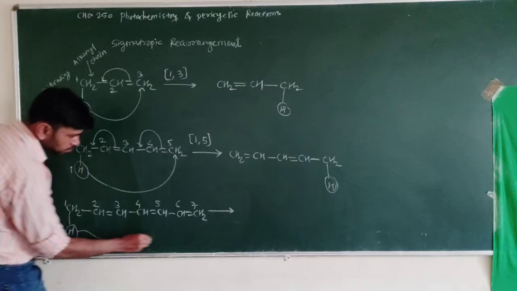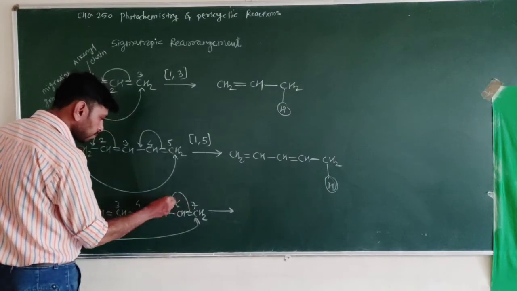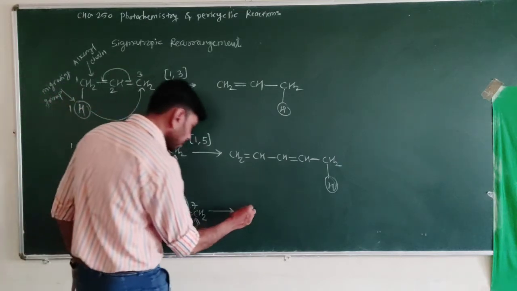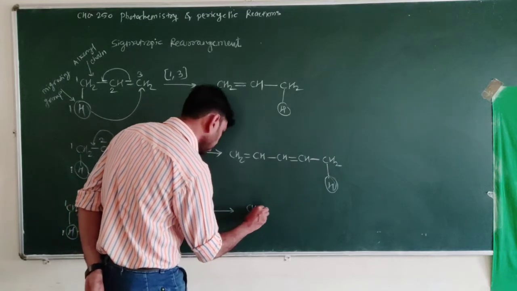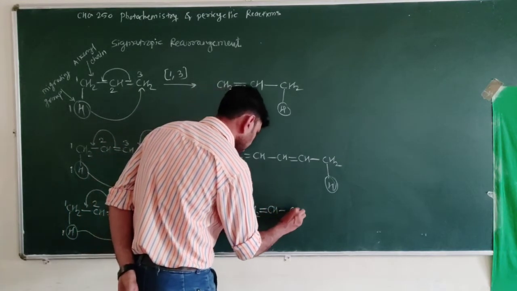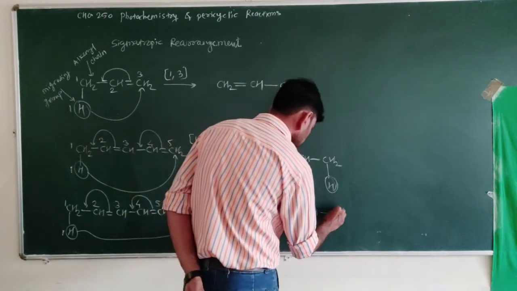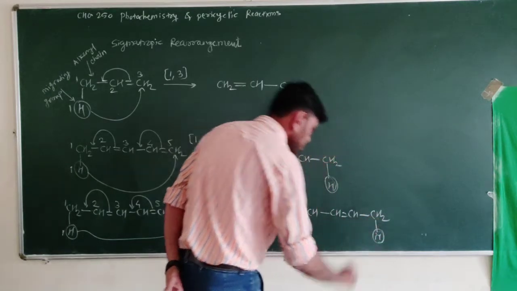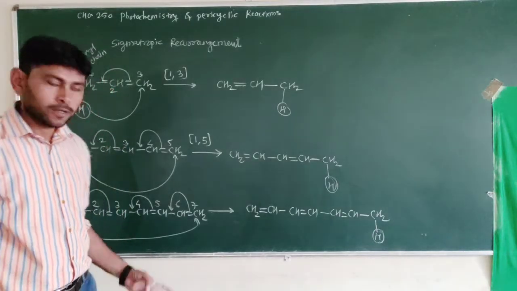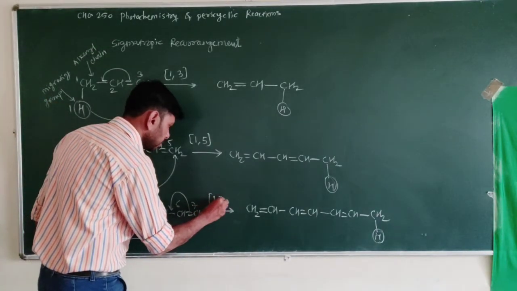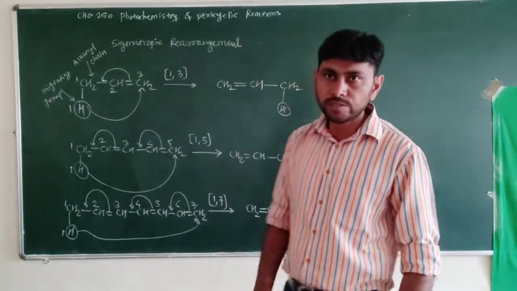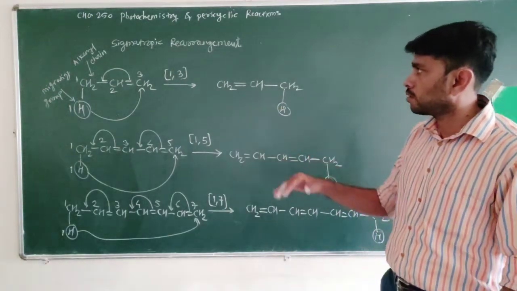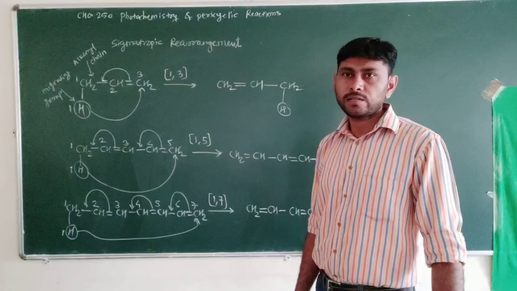So now here hydrogen transfers from 1 to position 7, and there is a cyclic shift of the pi electrons, and we get the product here: CH2 double bond CH, CH double bond CH, CH double bond CH and CH2 and this migrated hydrogen. So the migrated hydrogen is from position 1 to 7, so this shift is known as a 1,7 sigmatropic shift, or this rearrangement is known as a 1,7 sigmatropic rearrangement. So this is the introduction of sigmatropic rearrangement. Okay, thank you.